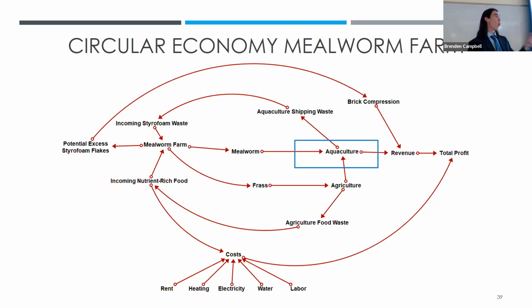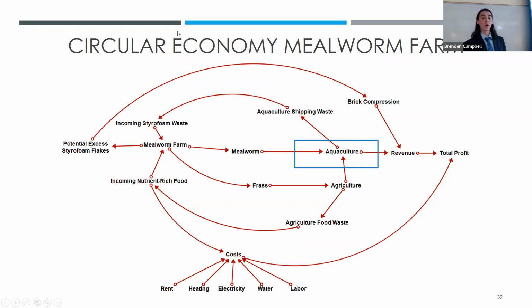Whether this is whole mealworms being sold or the broken down products of the defatted mealworm powder or the mealworm oil going to aquaculture, it allows a place for them to go to feed fish in these aquaculture systems. And aquaculture generally uses large amounts of styrofoam shipping material, which can then go back into the mealworm farm system.